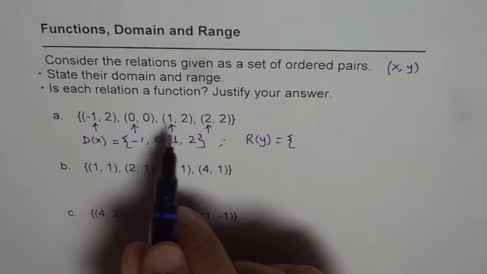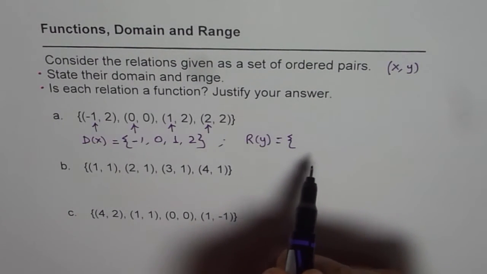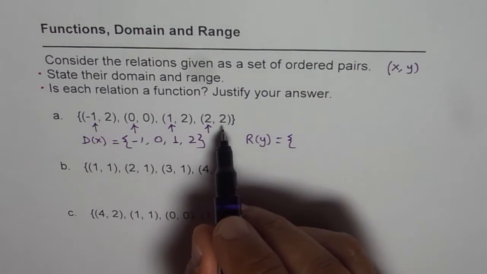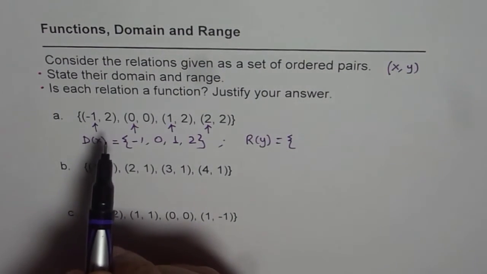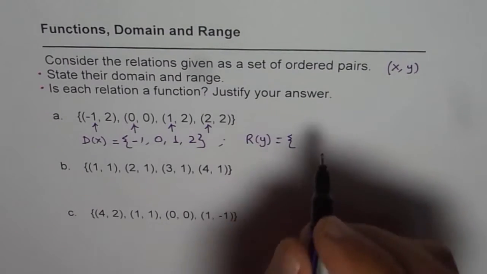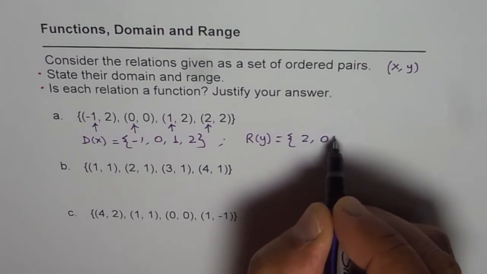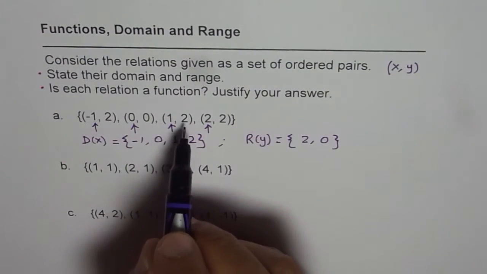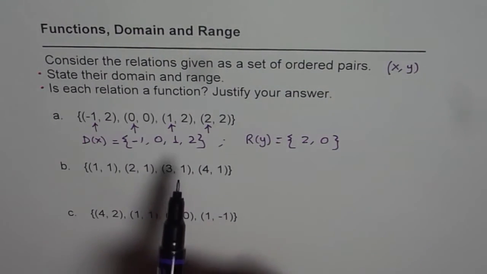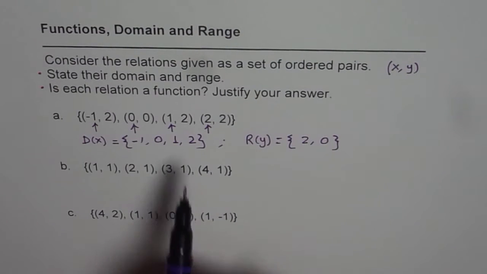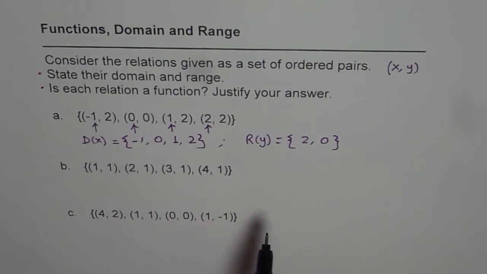Now when the numbers are repeated, we need not write them so many times. They should only be written just once. So in the range we have the elements 2 and 0. Since 2 is already written, we need not rewrite it. In this case there are 4 elements in the domain and 2 elements in the range.